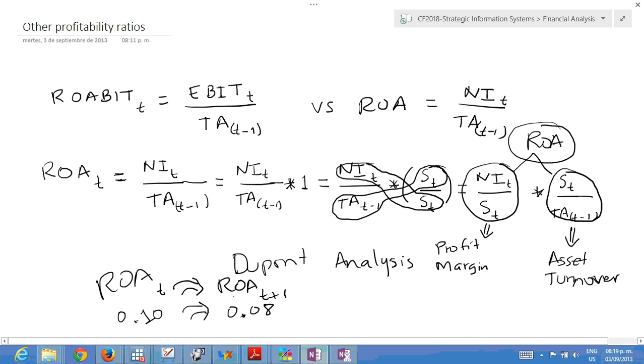Why did the company reduce its return on assets? Then you can go to these two components and see whether the reduction is due to the profitability, the profit margin, or to the capability of the company to make sales.